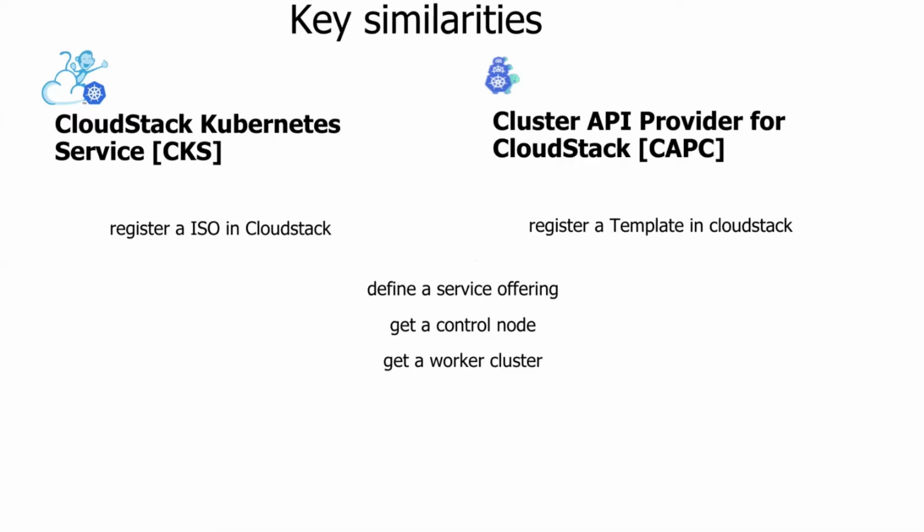These are the similarities. So in CloudStack, you need to register one page in ISO with the Kubernetes tooling that will then be mounted on a machine and will be used to install whatever.